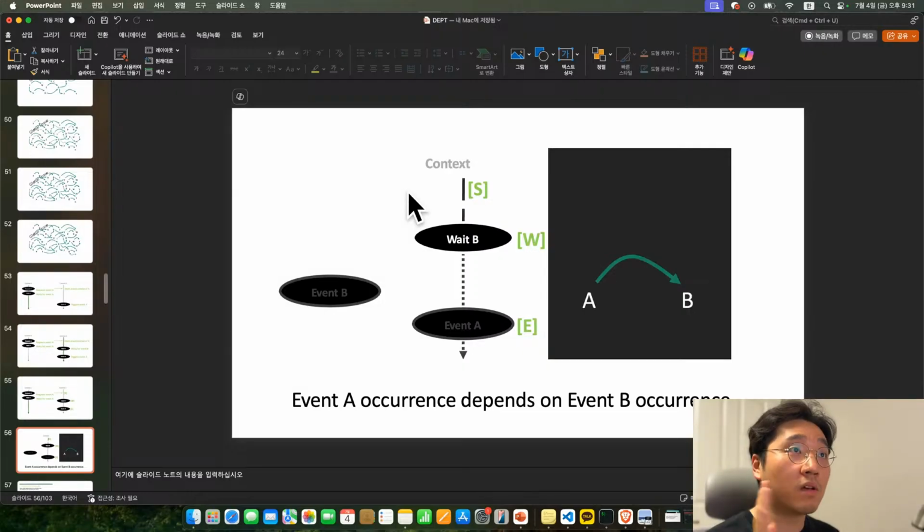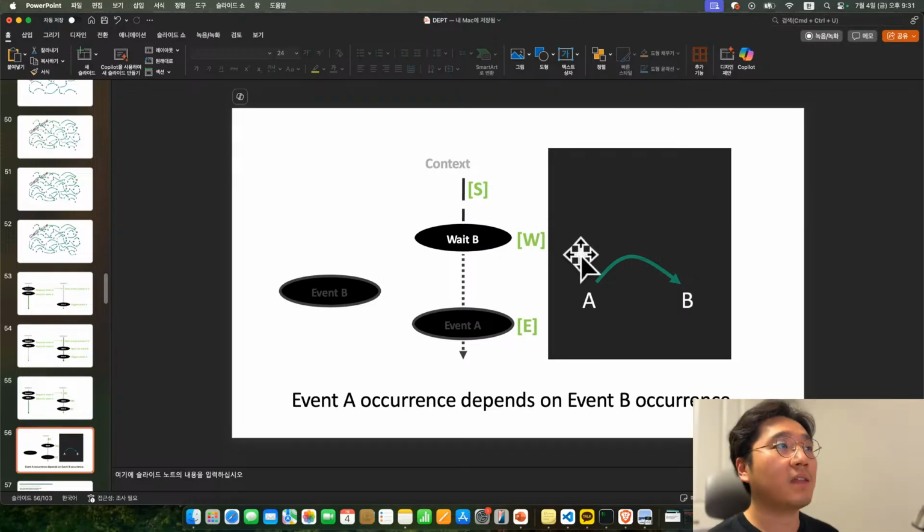This is not important. We need to focus on E and W, because we need to focus on the dependency, right?